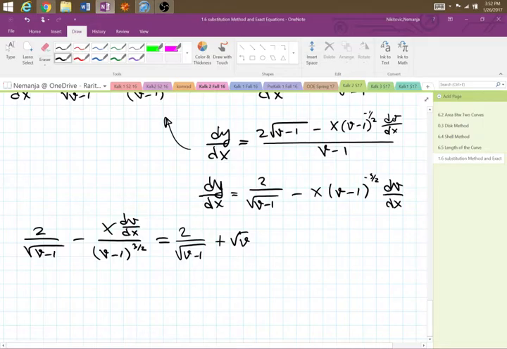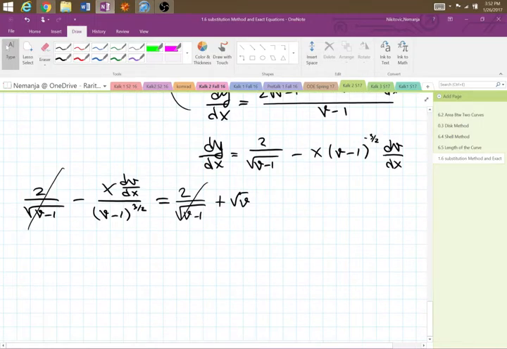You need to get dv/dx alone to get it in the form of the differential equation. So what you can do is multiply first by the square root. First of all, these two terms completely drop because they're identical. And what you get is negative x over (square root of v minus 1) to the 3/2, times dv/dx, is equal to square root of v.